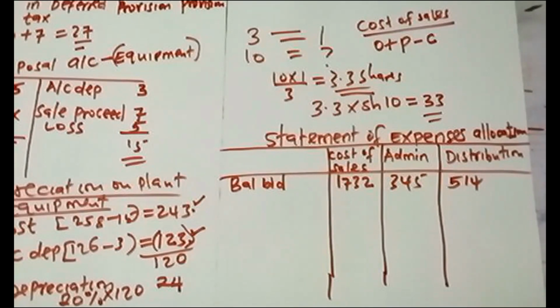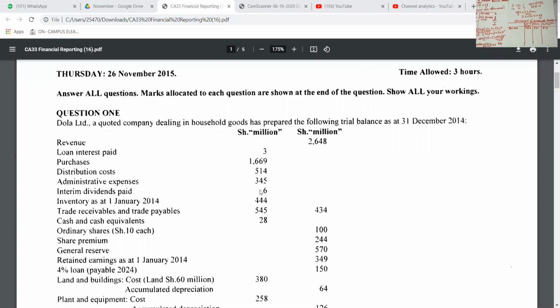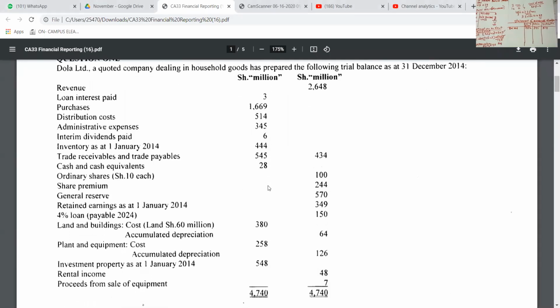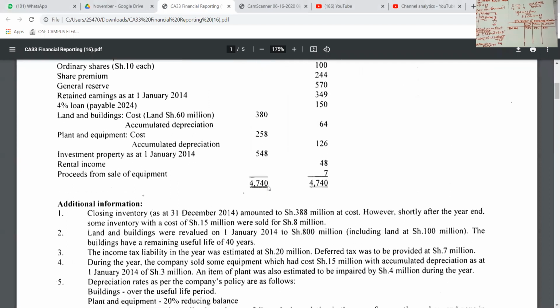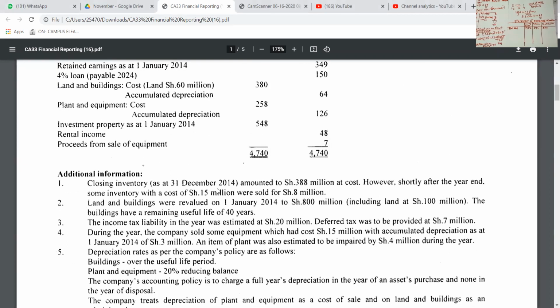Then after you are done with that, you come now to additional information. You start from additional information number one again and check if there are any expenses. Remember, in note one, what we were doing was just to determine closing stocks. There's no expense on that. What about working two? There was this building which had a useful life of 40 years. We got the depreciation on building.